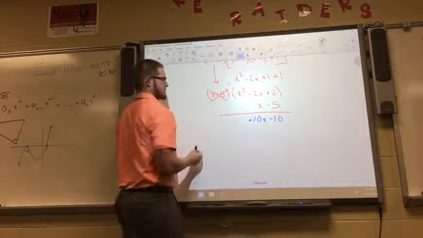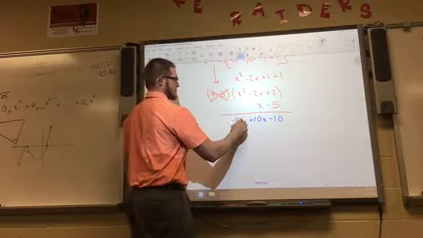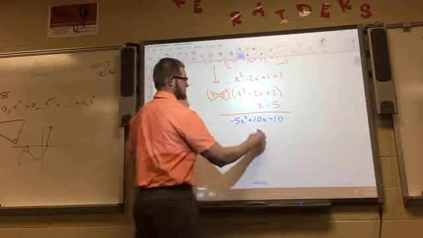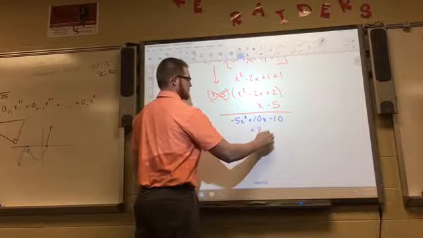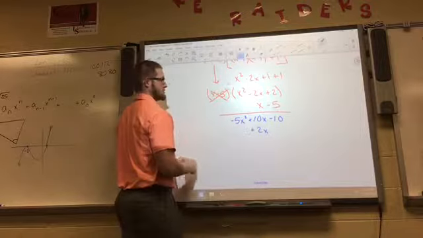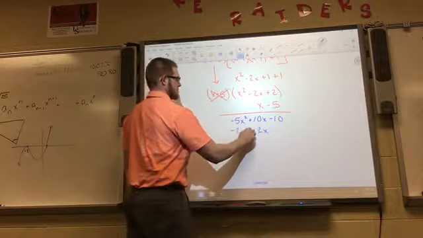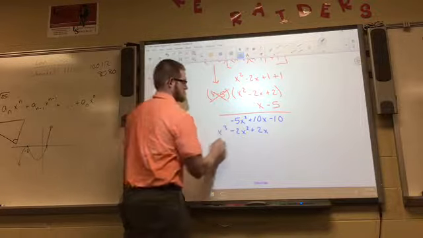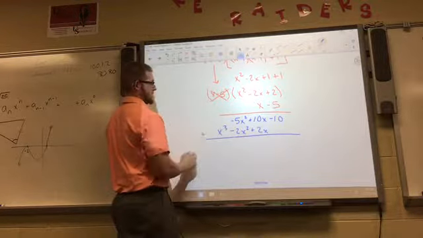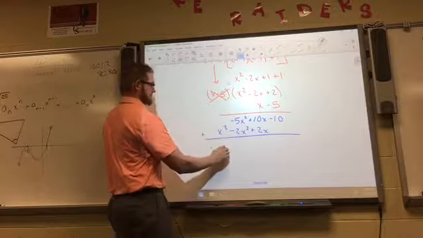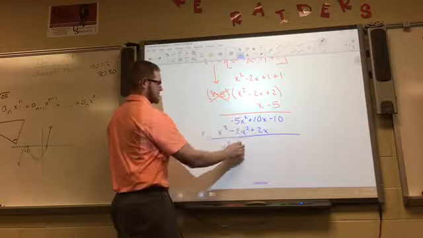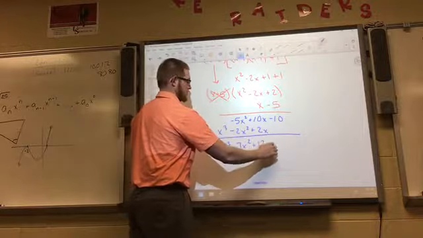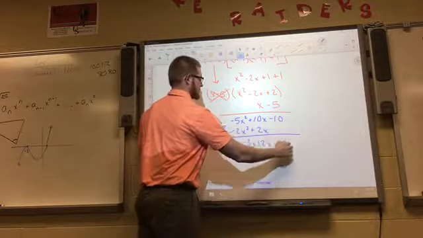Negative 5 times x squared, negative 5x squared. x times 2, x times negative 2x, x times x squared. We add. So I have x cubed minus 7x squared plus 12x minus 10. Good.